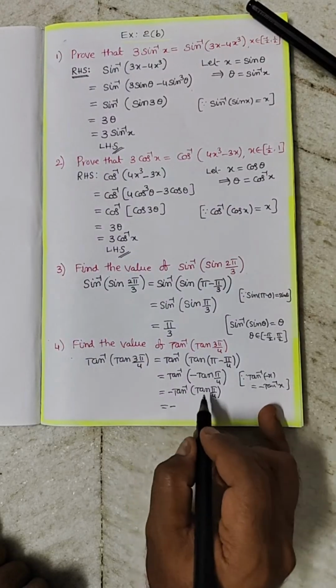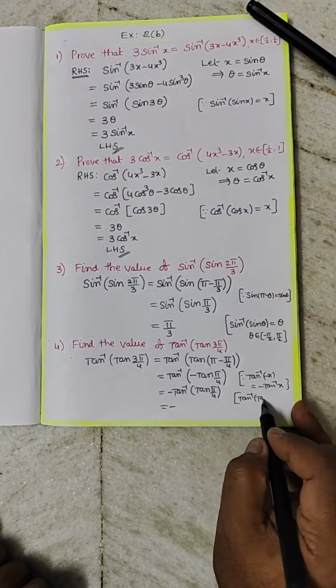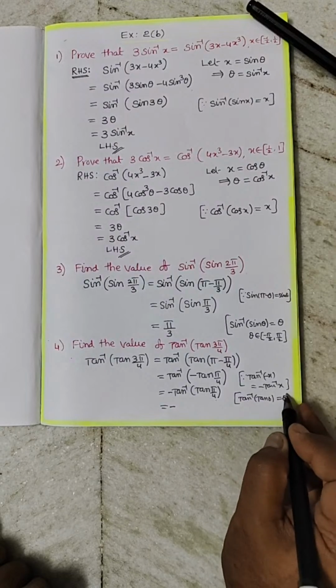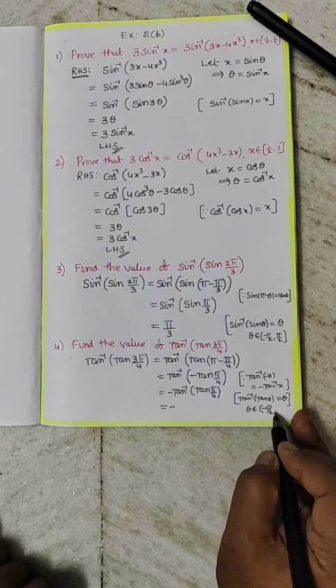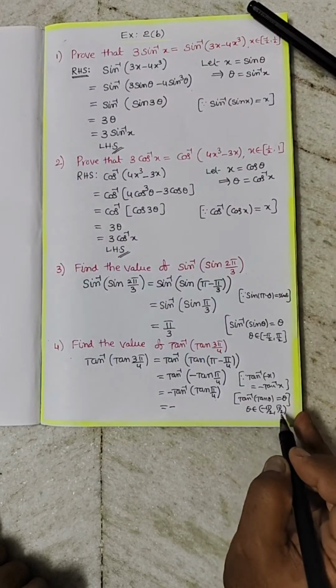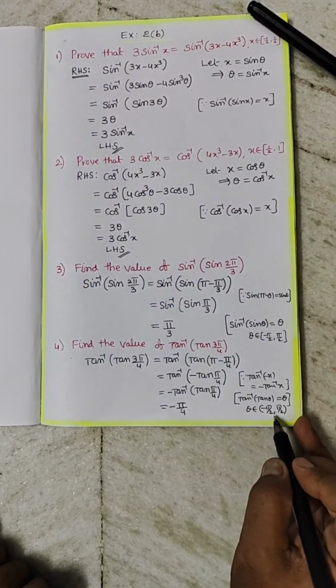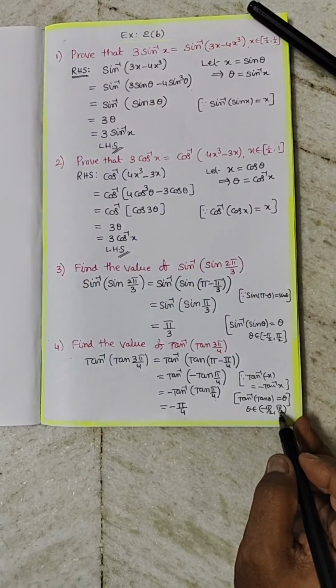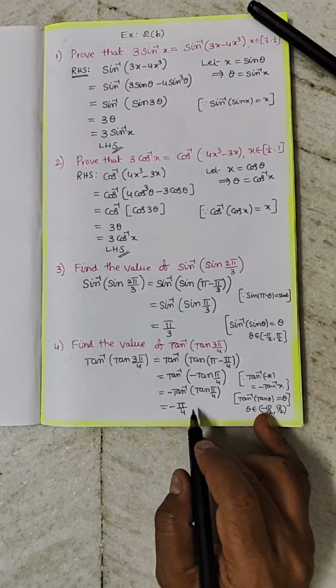So, tan inverse of tan theta is equal to theta, where theta belongs to the open interval minus pi by 2 to pi by 2, which is very important. So, minus pi by 4 belongs to this interval, dear students. So, your answer is not 1, dear students, this is minus pi by 4.